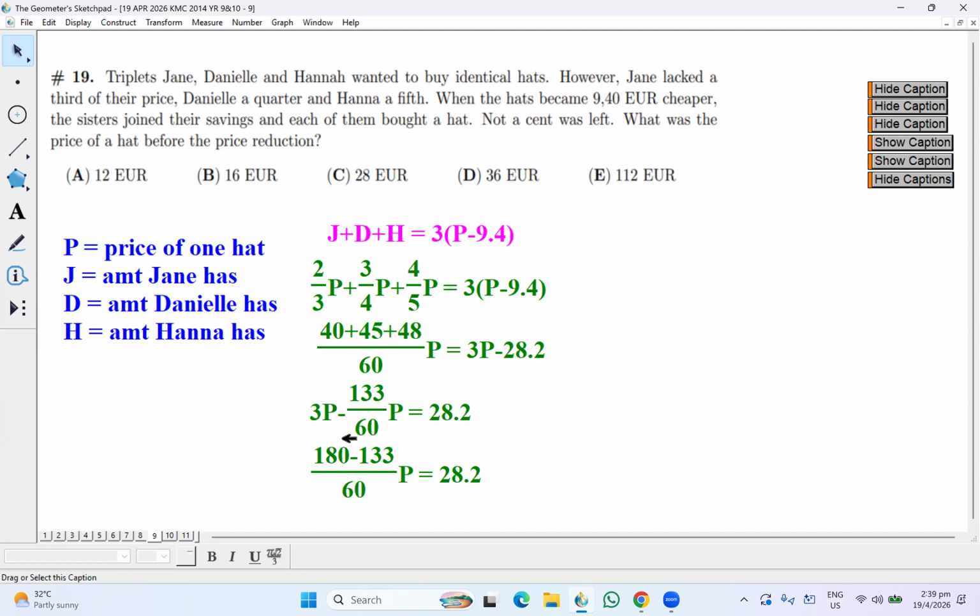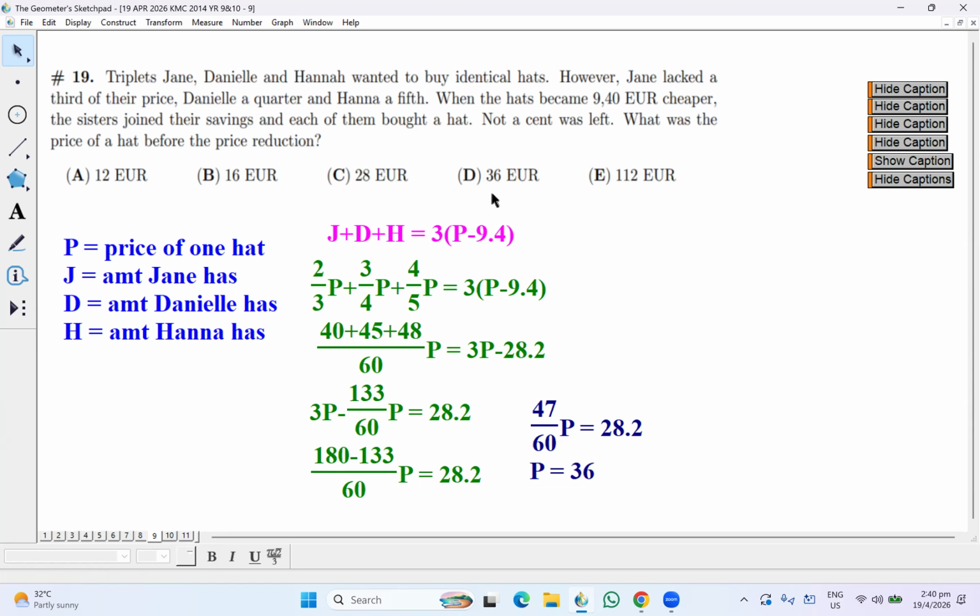So 3P minus here, 133 over 60. What do you get? 47 is 28.2. So we get 282 times 6 over 47 equals 36. Answer 36.